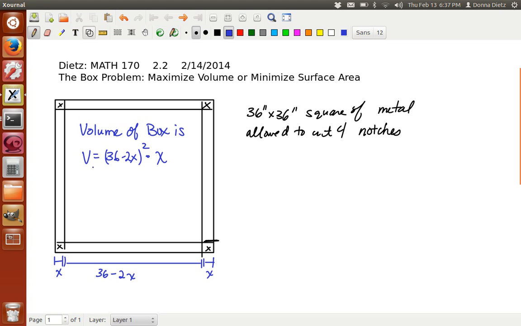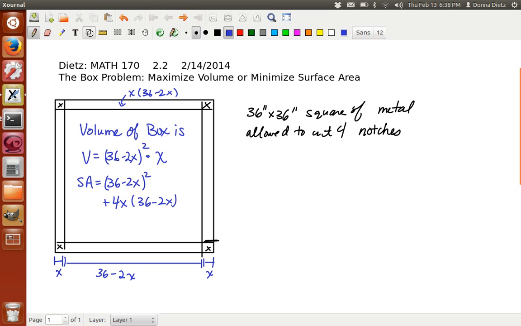But the surface area is going to be 36 minus 2x squared, but not times something else. It's still the square on the bottom. Then we're going to take 4 copies of this, and this is x by 36 minus 2x. So it's going to be plus 4 times x times 36 minus 2x. That's going to be the surface area.